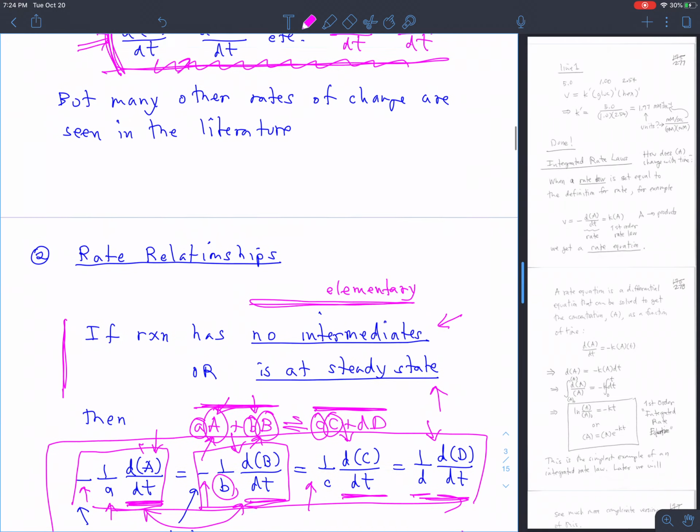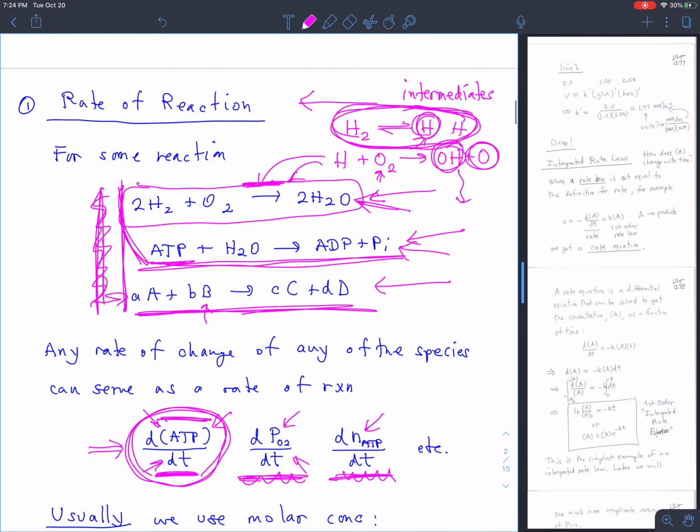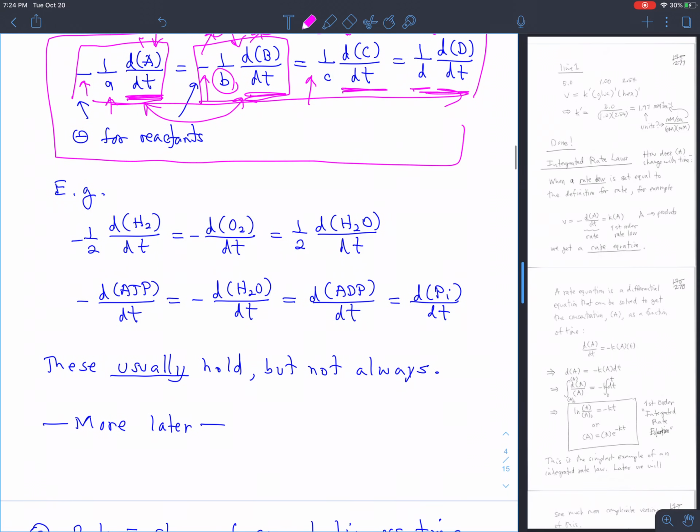So for example, for the 2 real reactions up here, the water reaction and the ATP reaction: for the water reaction, it's 2H2 plus O2 goes to 2H2O. So the stoichiometric coefficient is 2 for H2, and it's a reactant, so minus 1/2 the rate of change for H2.